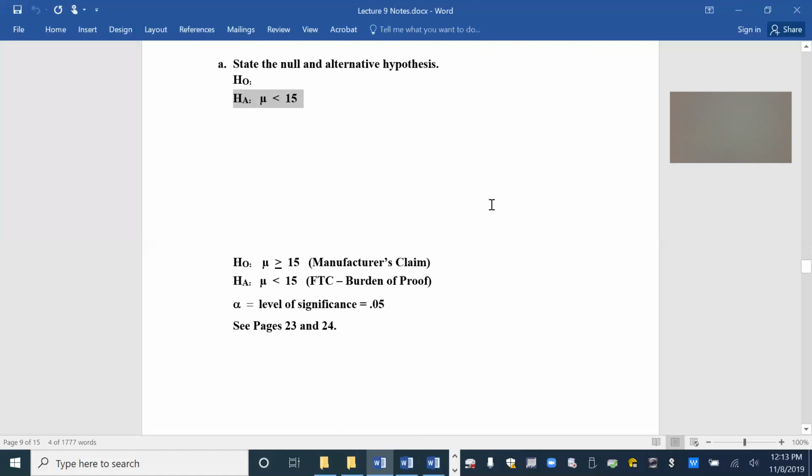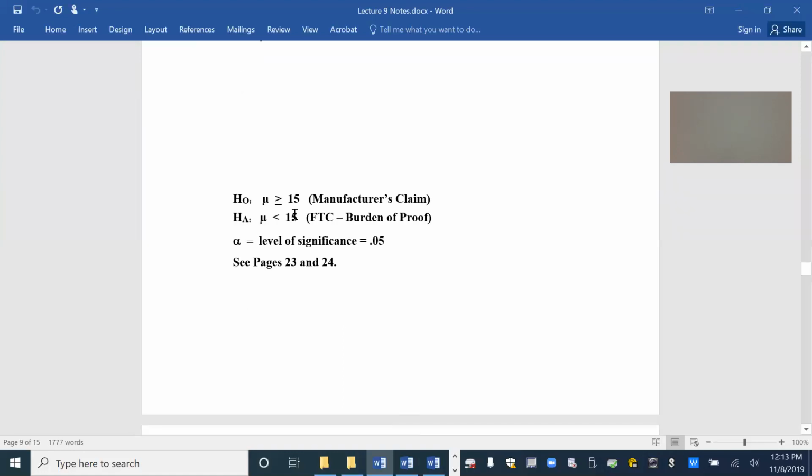It's the opposite. If it isn't less than, it's greater than or equal to 15. So there's our claim. That's all you have to do. The rest is cookbook. The rest is follow orders. And the orders are in the form of a handout that I have here in your workbook. So that's what you have to do.